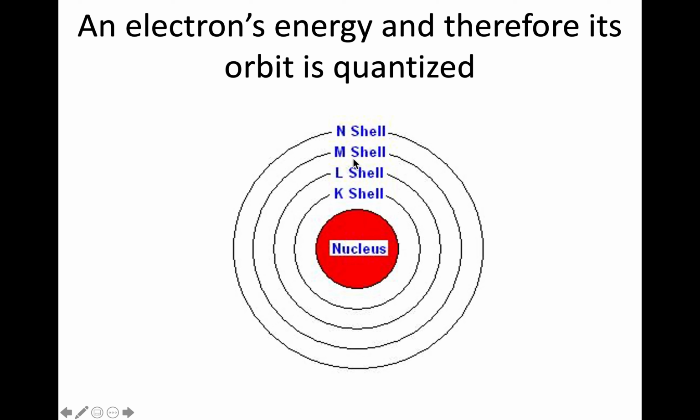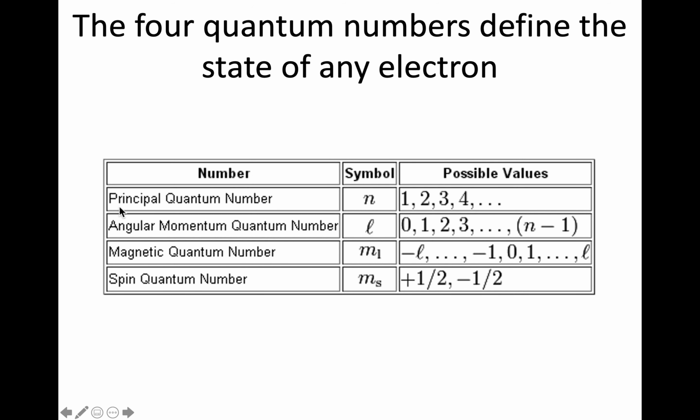If we go back to this, these are the K, L, M, N, which are symbols for the values 1, 2, 3, 4. So the shell, the distance away from the nucleus, is generally defined by the principal quantum number.